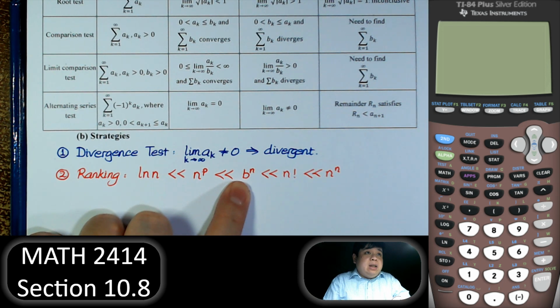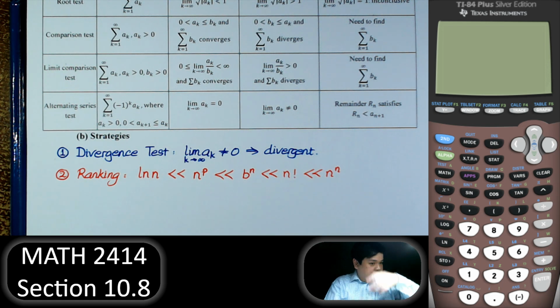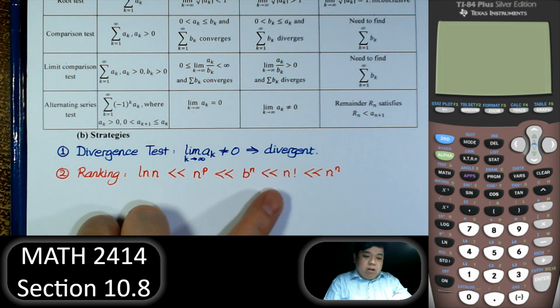B is the base, going to be bigger than 1, and every other is a constant.